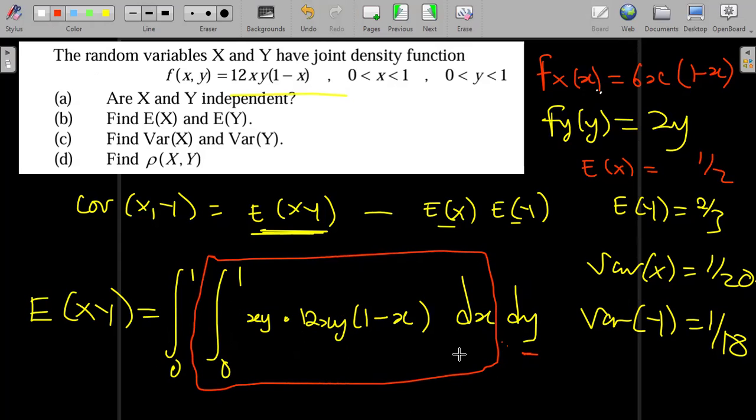So evaluate the inside integral first, and then the answer that you get, evaluate it with respect to y. Then that will be your expected value of XY. And then you put these values there, you find the covariance, so that you put it in the numerator in the formula for the correlation coefficient.